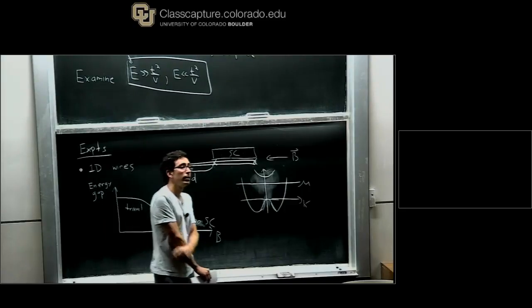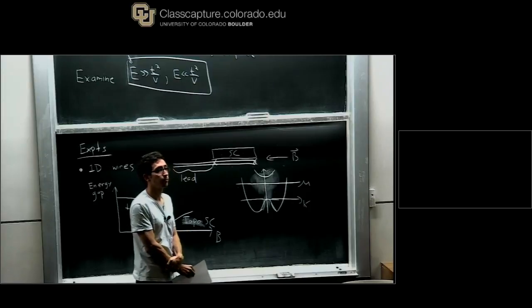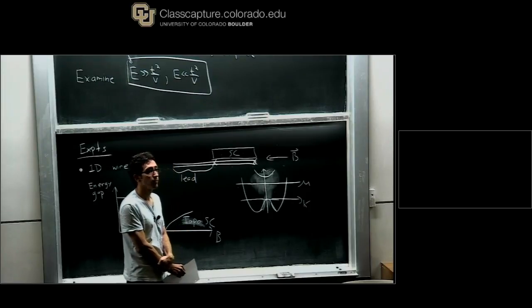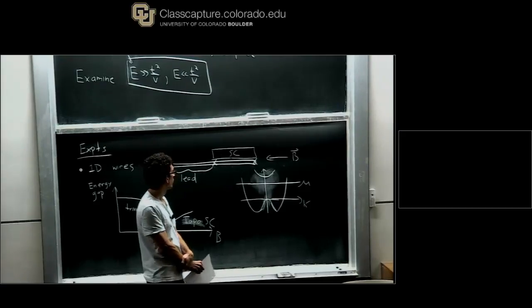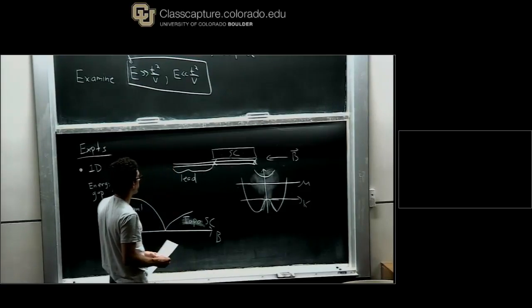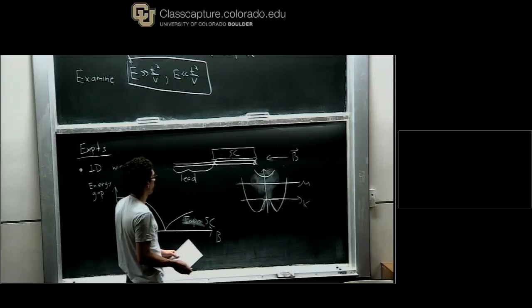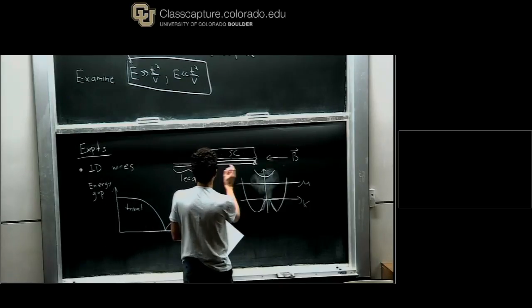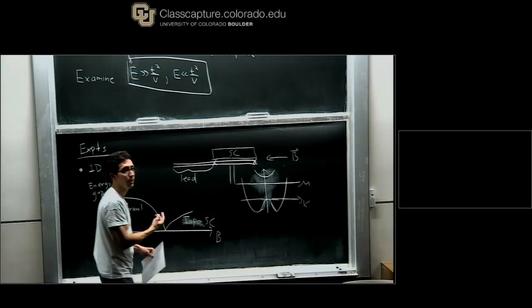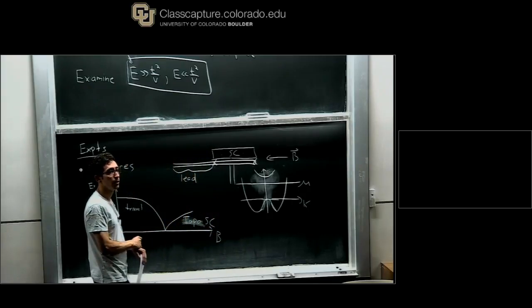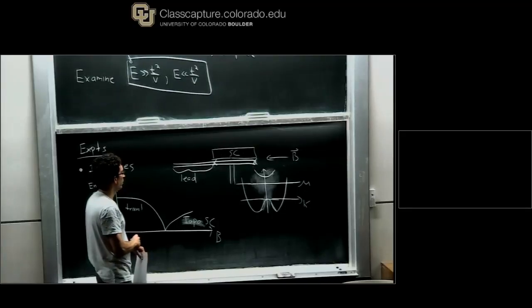If the experimentalists wanted to view the phase transition, could they wrap the lead around the superconductor a bit so it picks up more of the weight of the edge mode? Well, I think the simplest thing you might try to do, I'm not sure if this is exactly what you had in mind, but you could try to put another lead. It would have to cover a large portion of it, right?